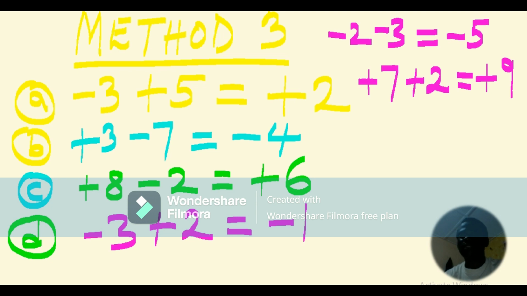So you can see now how easy it is to add or subtract directed numbers. You would do well if you can try more on your own. Okay, so in the next part, we're going to be talking about multiplication and division of directed numbers.